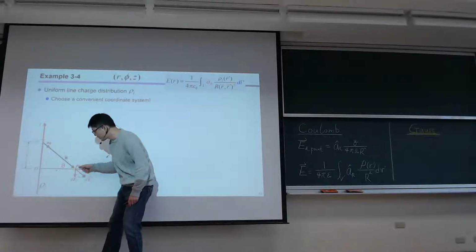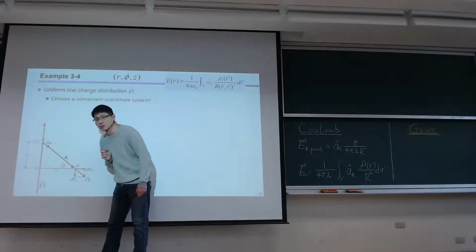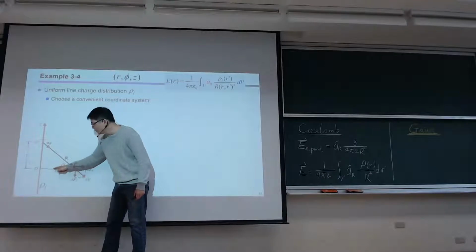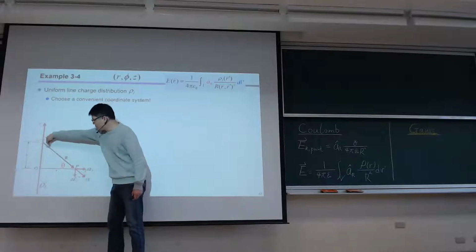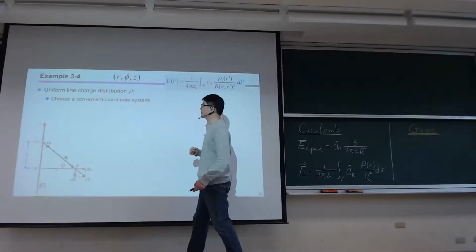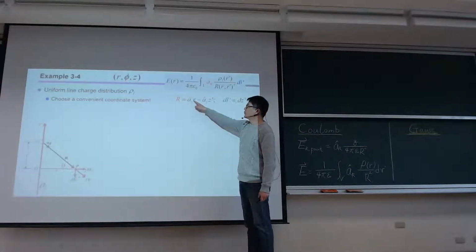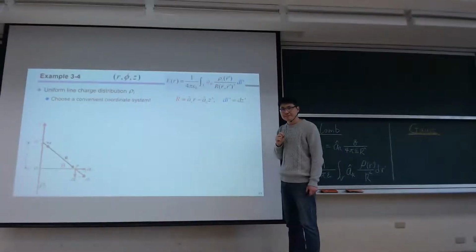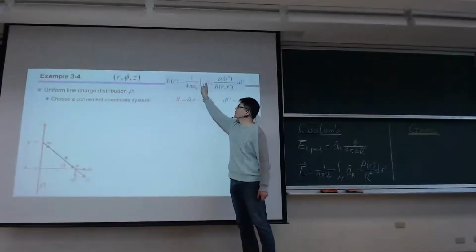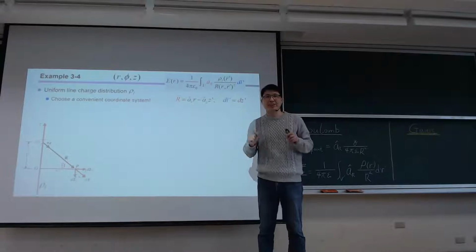That's a distance from the observation point to the center of your infinitely long line distribution. So this is a radius. Radius minus z prime vector gives you the R vector. Okay? So this R vector is your uncapitalized radius vector minus z prime vector. Right? So once you know this R vector, you know its unit vector. You just divide it by its absolute value, its length.